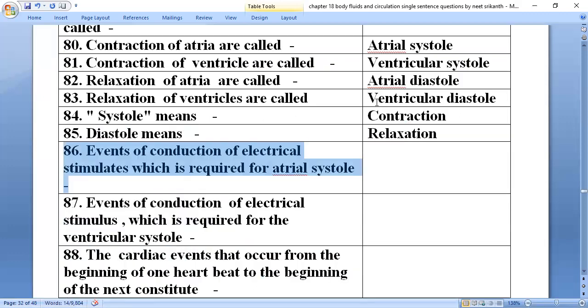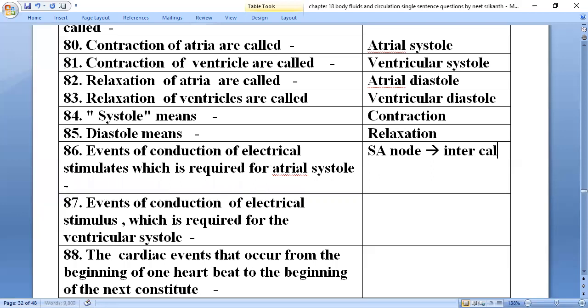The conduction of electrical impulses required for atrial systole goes from the SA node to the intercalated discs, transmitted to all the cardiac muscles.